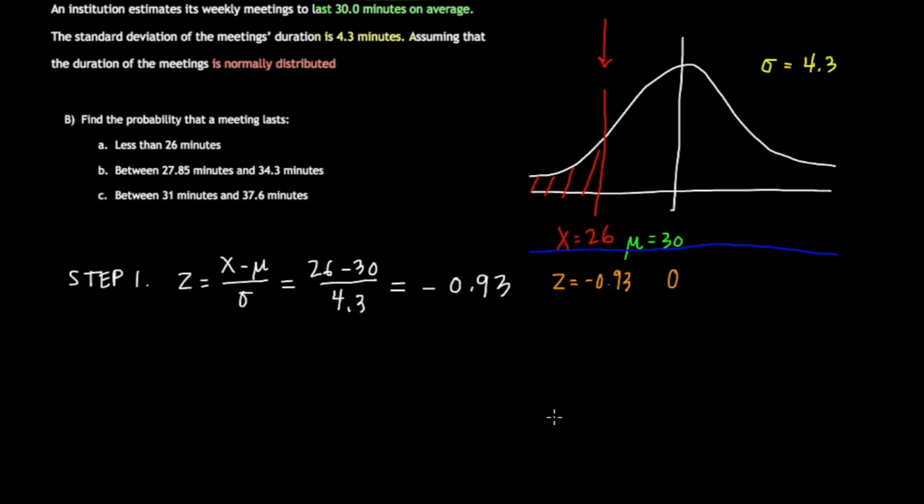What I mean by that is, we know that the probability for z equals 0.93 is equal to 0.3238, right?